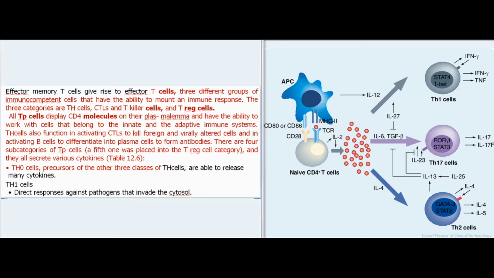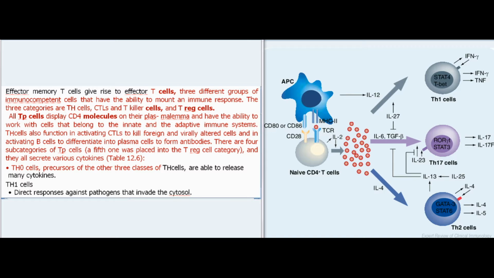Th cells also function in activating CTLs to kill foreign and virally altered cells and in activating B cells to differentiate into plasma cells to form antibodies. There are four subcategories of Th cells, a fifth one was placed into the Treg cell category, and they all secrete various cytokines, Table 12.6.